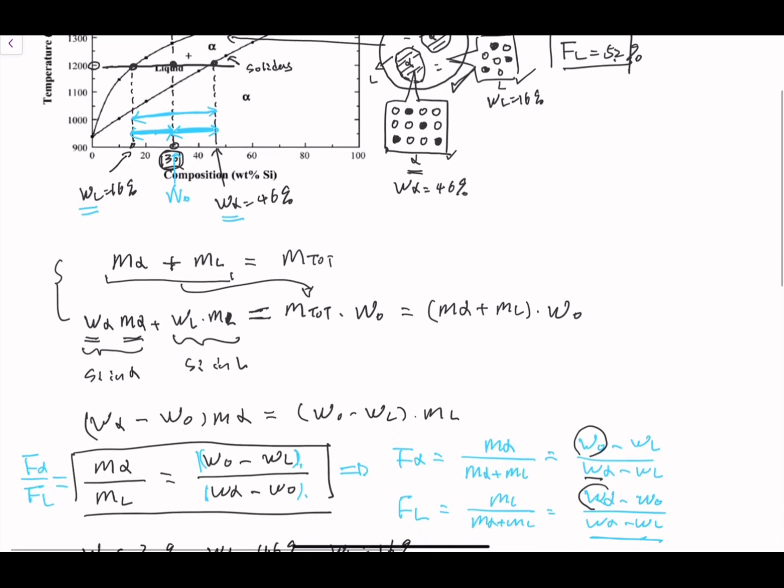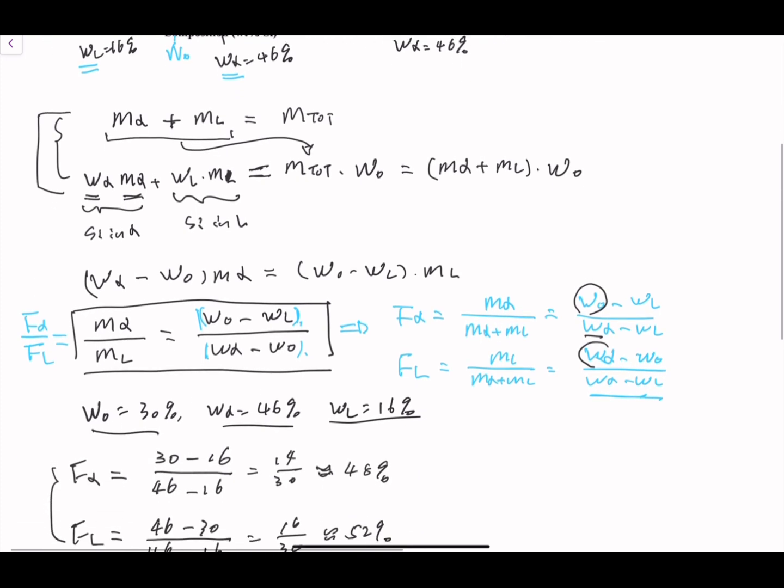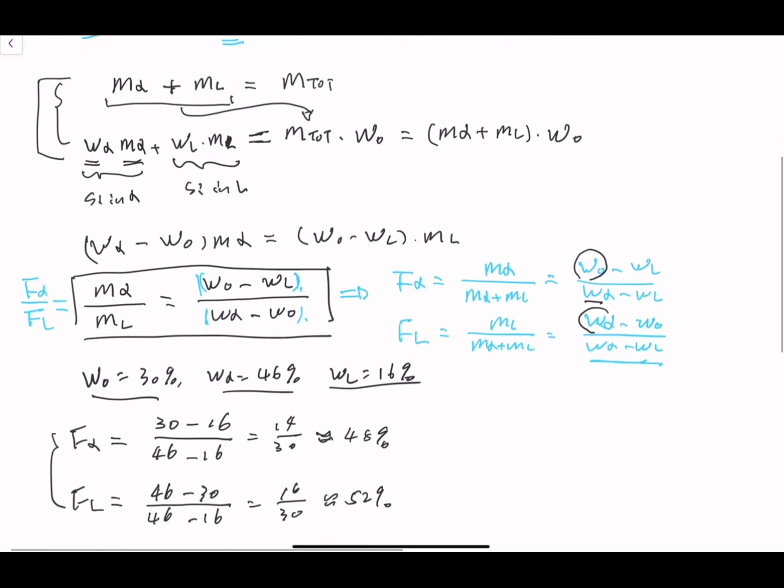And the way we get the lever rule is by these conservation equations, because the total mass is conserved before and after the phase separation, and the total amount of a particular type of atom is also conserved before and after the phase separation. So we can use those two conservation equations to derive the lever rule, which allows us to compute the fractions of each of the phases.